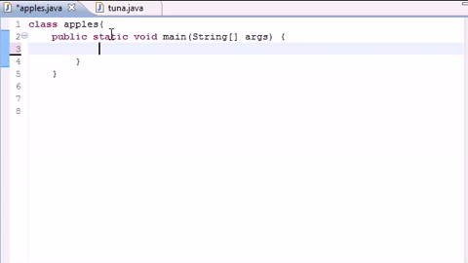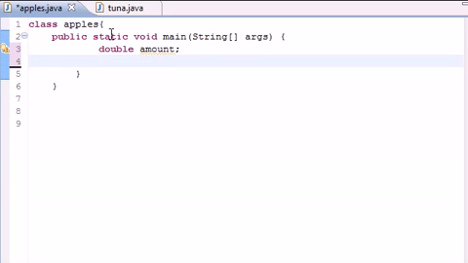So we need three variables: double amount, and we don't know what this is yet, so we're just going to leave it set to nothing. Double principal, and again, we're using double because we want to use decimal points. We can't use int because these aren't whole numbers. So double principal, we know what this is, 10,000, since that's how many subscribers I have to begin with.